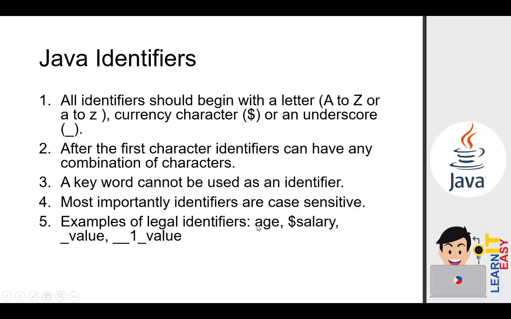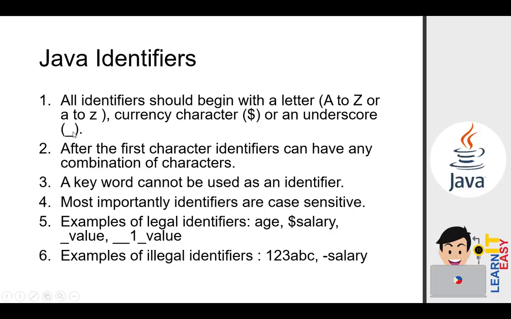Kasi nagsisimula sa letter A, either small or capital. Yung $ salary, bakit? Kasi nagsisimula siya sa $ sign. Underscore value, this is also valid because nagsisimula siya sa underscore, or kahit underscore 1 underscore value, still valid pa rin yan dahil nagsimula ka pa rin ng underscore.